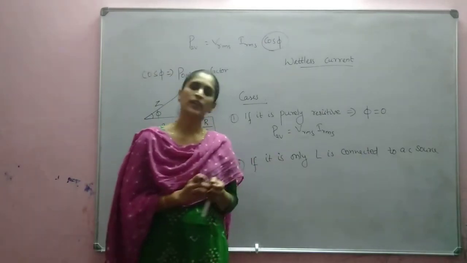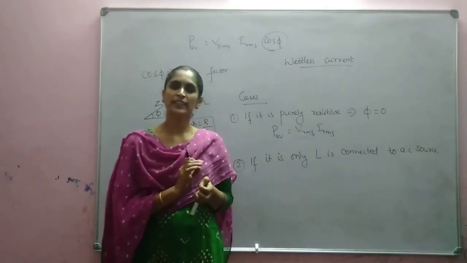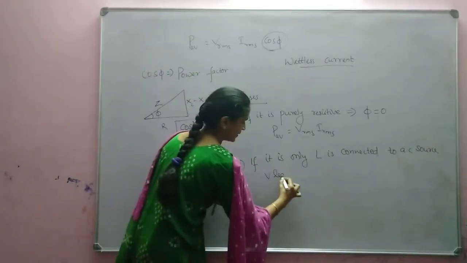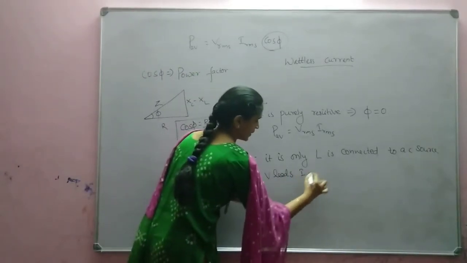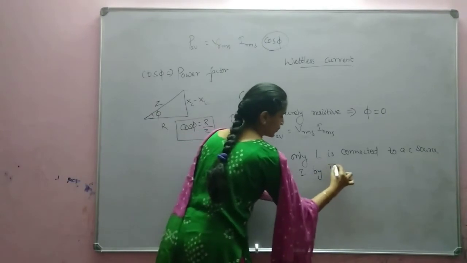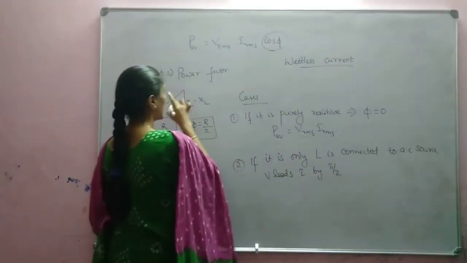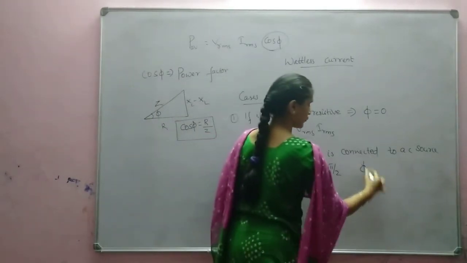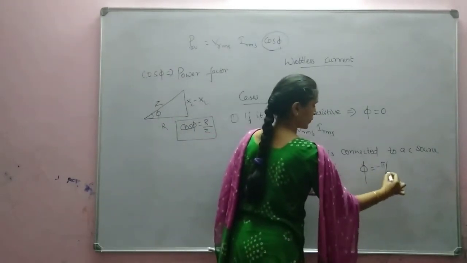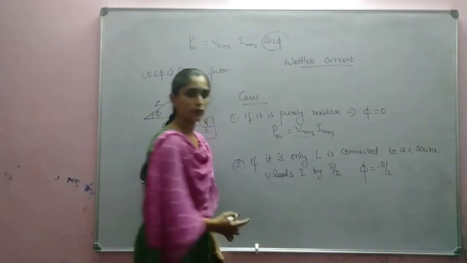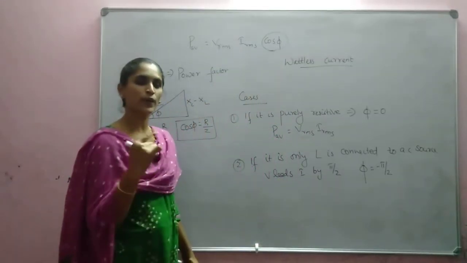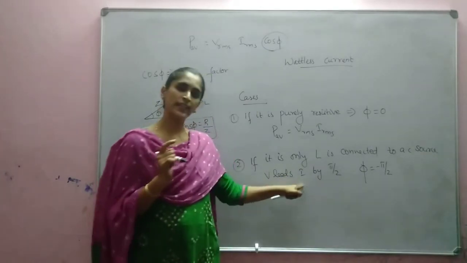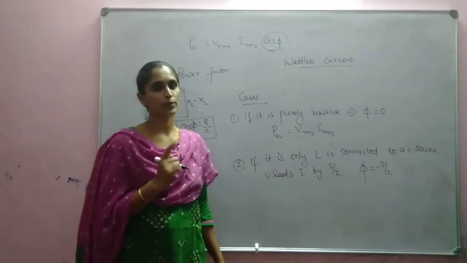In the case of purely only an inductor, voltage leads current. V leads I by pi by 2, or we can say that I lags voltage by pi by 2. So we can write here phi is equal to minus pi by 2. Why is it minus pi by 2? Because here we are considering I is equal to Im sin(omega t plus phi). Here voltage leads or current lags, so phi is equal to minus pi by 2.